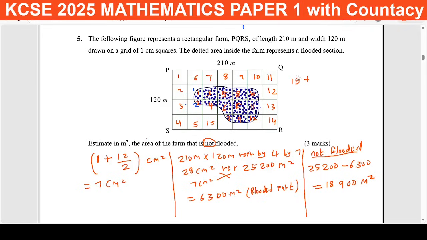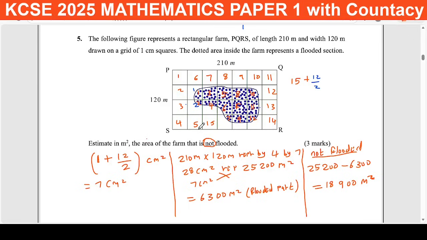And then once you have that, you're going to do 12 divided by 2. And then the value that you get there will be in terms of centimeters squared, and then you are going to convert that using this scale that we have here to meters squared. And actually it will be a nice exercise if you try it on your own, to see if it will give you an exact value to the other method, but definitely it should.